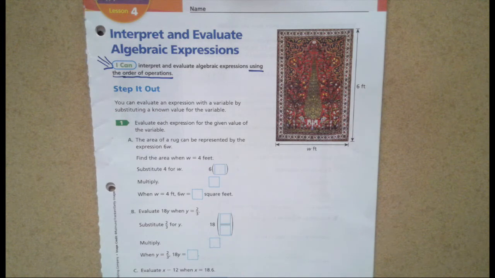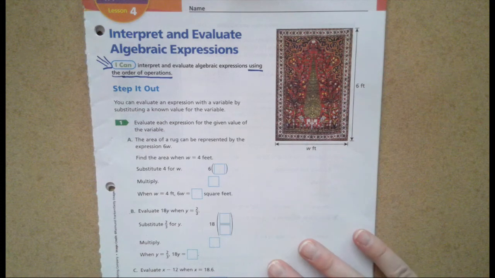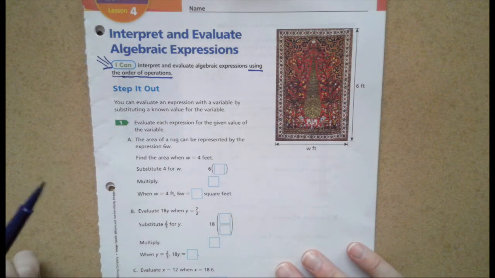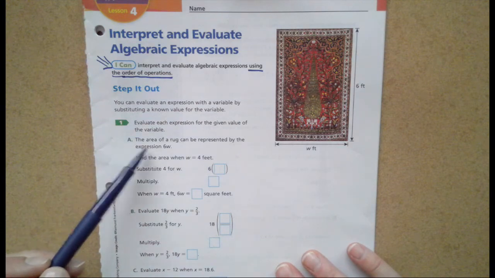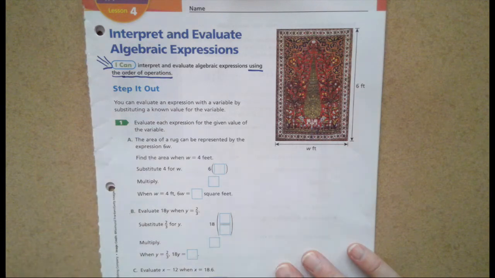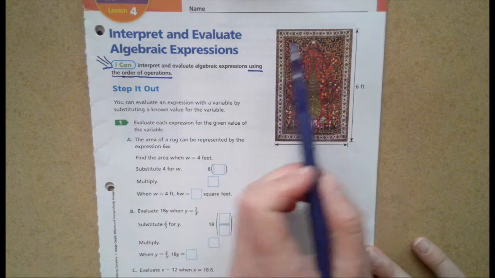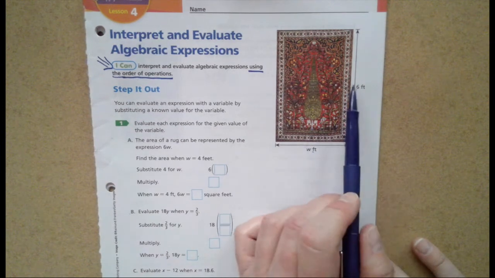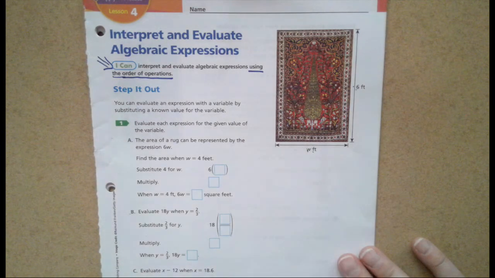So number 1, evaluate each expression for the given value of the variable. The area of a rug can be represented by the expression 6w, or 6 times w, because when we're finding the area of a rectangle, we multiply the length times the width. So that's where they're coming up with the 6w.